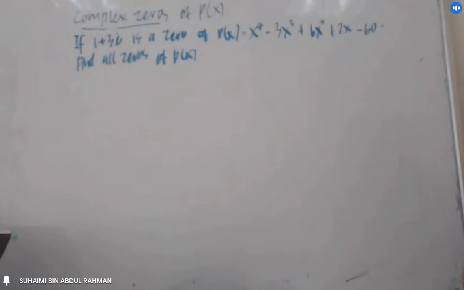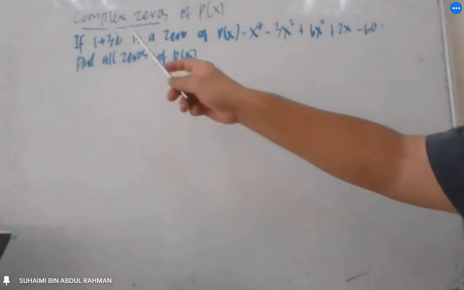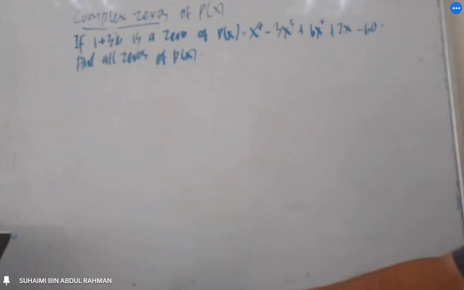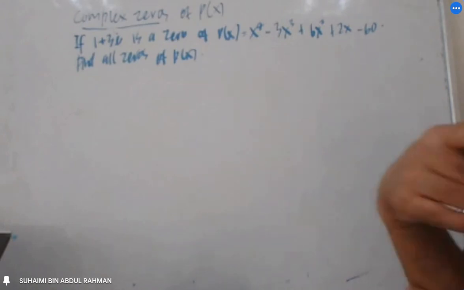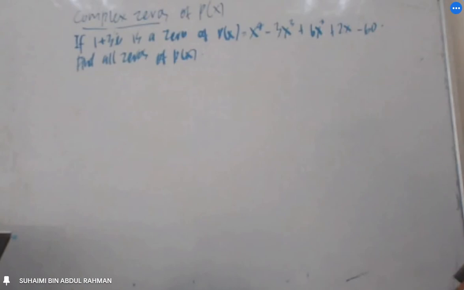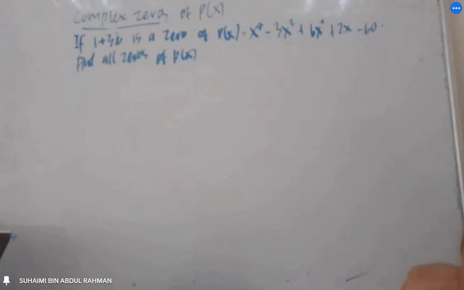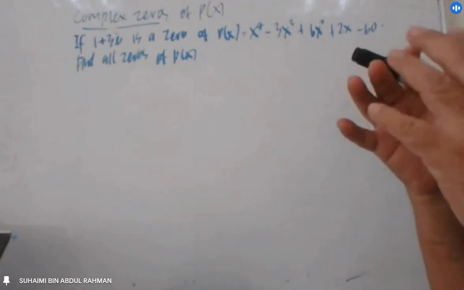4 zeros. And 1 zero is given. 1 plus 3i is a zero. We're using the conjugate pair theorem.